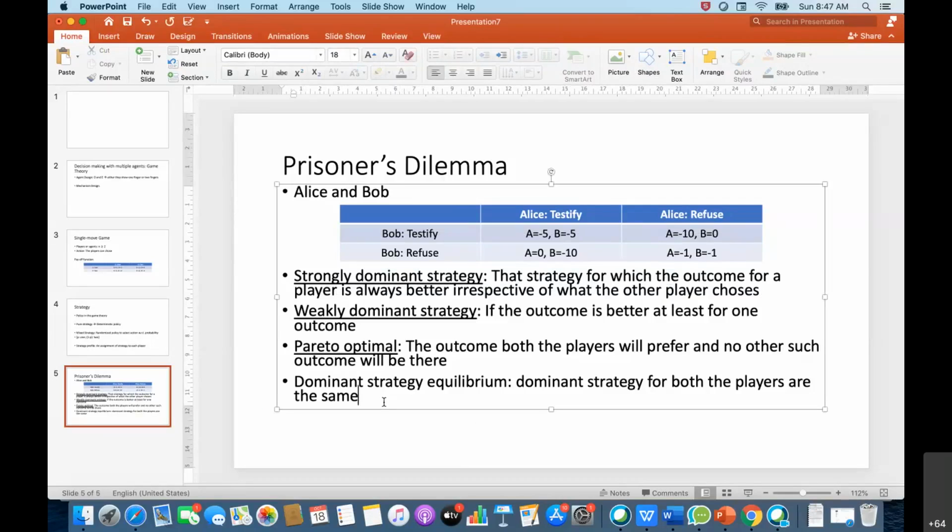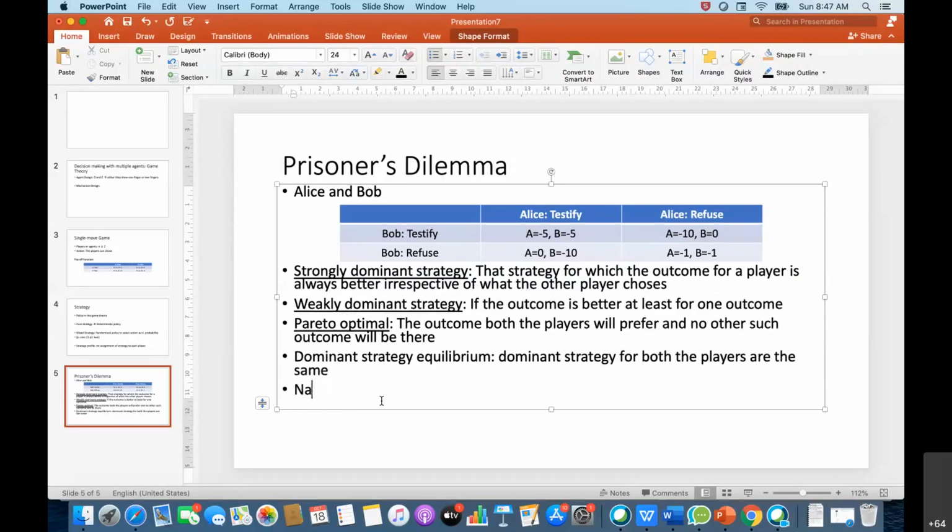Now, the fact is that every game has a Nash equilibrium. What does it signify? That every game has at least one equilibrium. That could be dominant strategy equilibrium, could be something else, but every game should have some equilibrium.